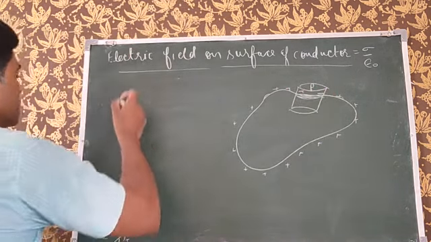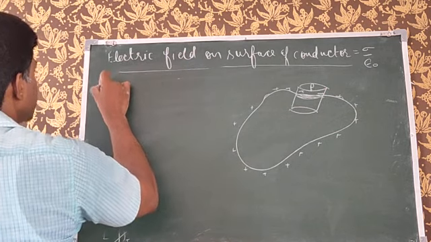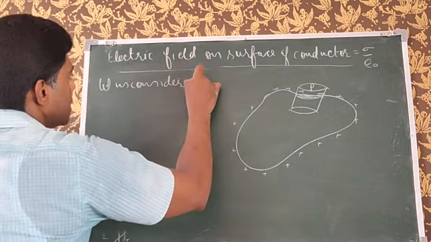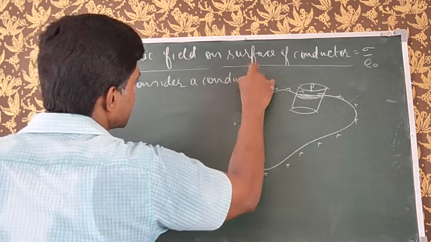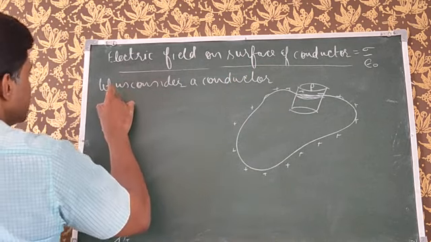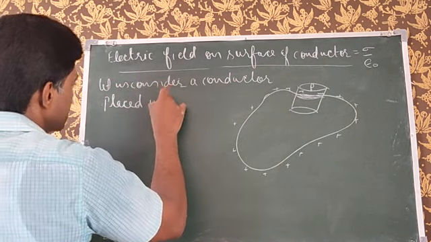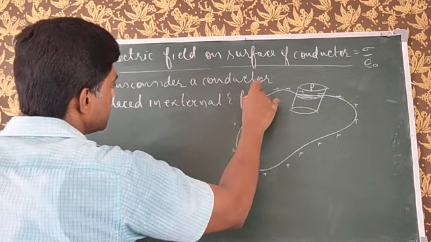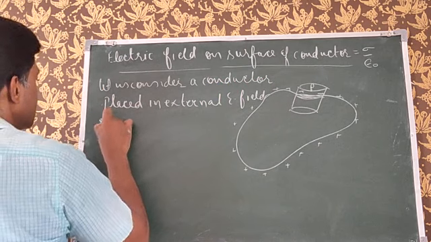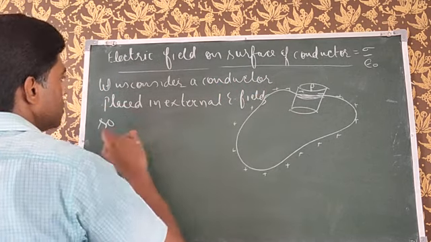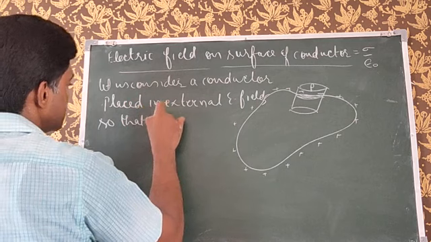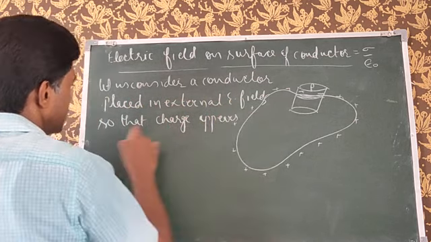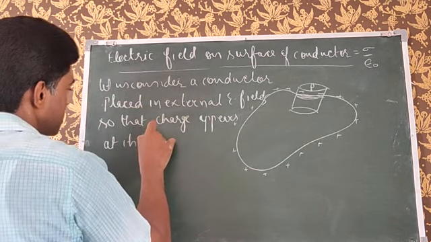So let us consider a conductor placed in an external electric field so that charge appears at its surface.